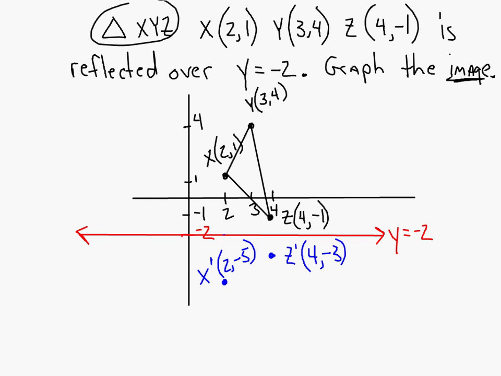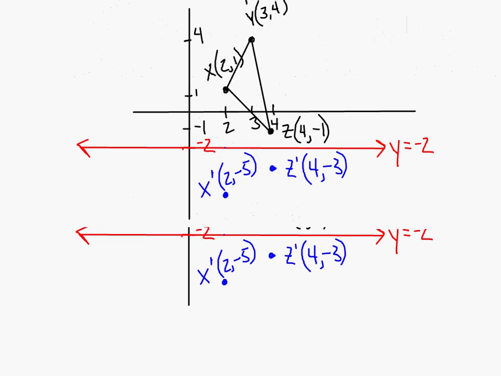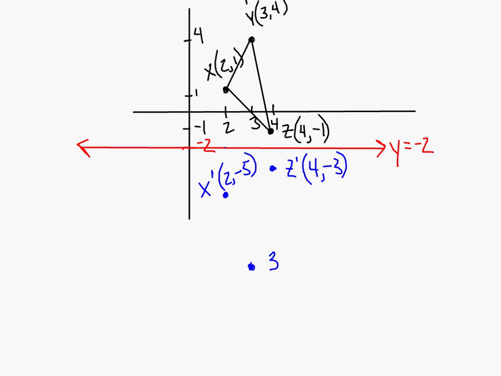And then Y prime is going to be down here somewhere, and it's 6 units away from the line of reflection now, isn't it? So it's got to stay 6 units. So Y prime will be down here somewhere at 3, -8. Alright, that's going to be your Y prime. And then connect the dots.